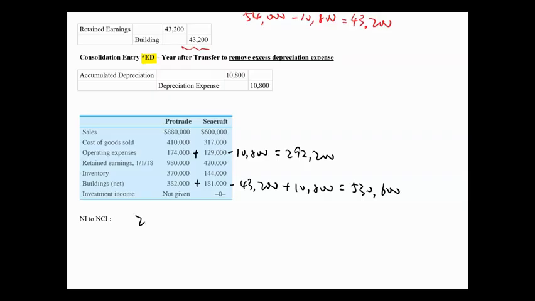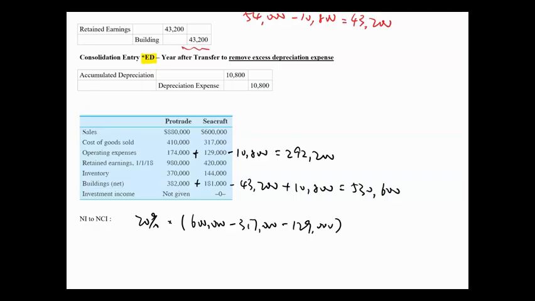Non-controlling interest holds 20% of the interest in this company, times the Seacraft net income, which is 600,000 minus 317,000 minus 129,000. 317,000 is the cost of goods sold, and 129,000 is operating expense.